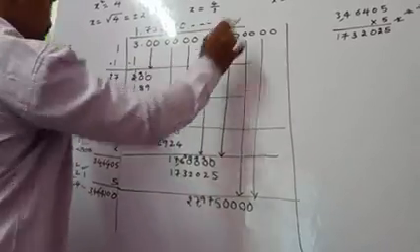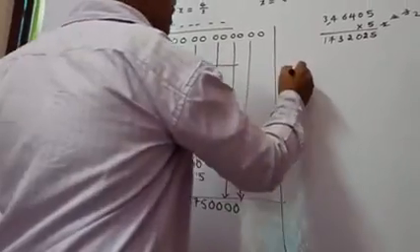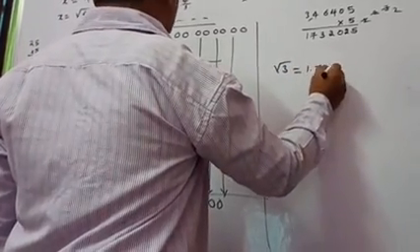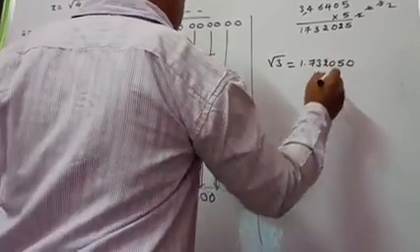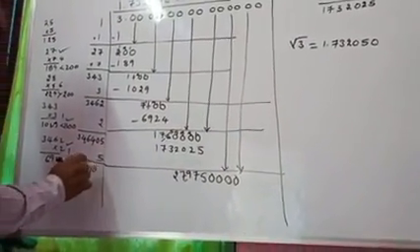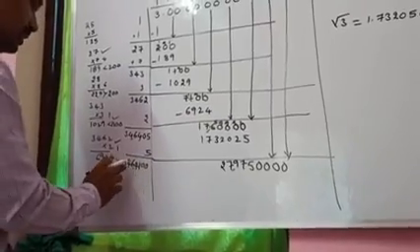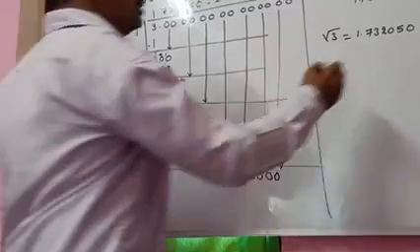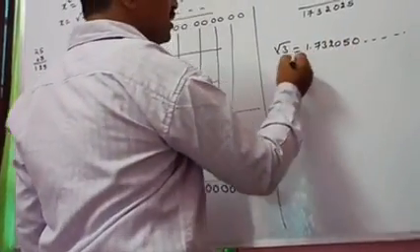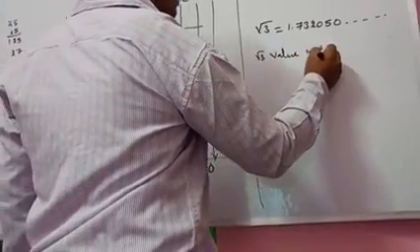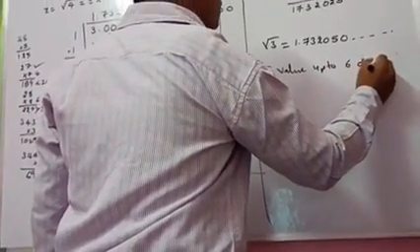So we can do like this. So we got root 3 equal to 1.732050. If you take beside 0, that means 34 lakhs something, you can get 5 or any digit. So this is the root 3 value up to 6 decimals.